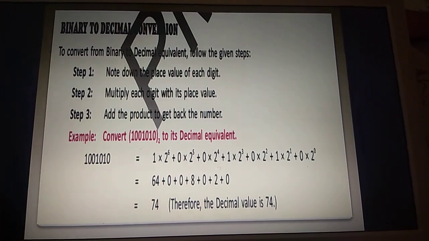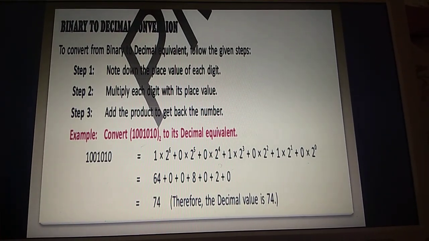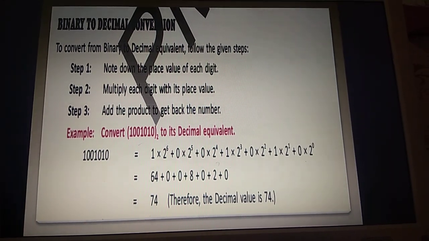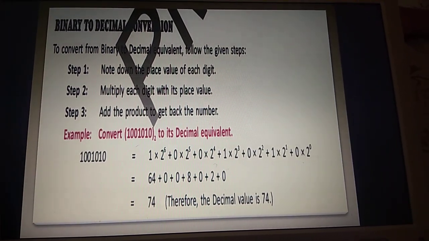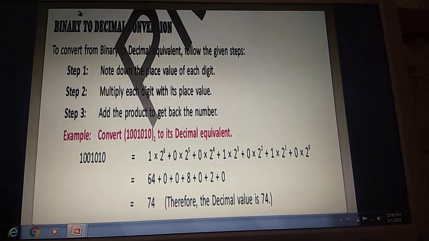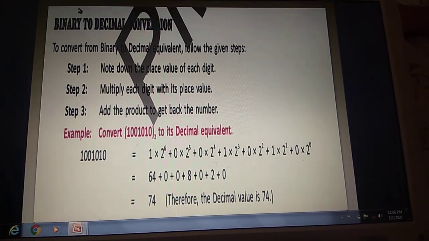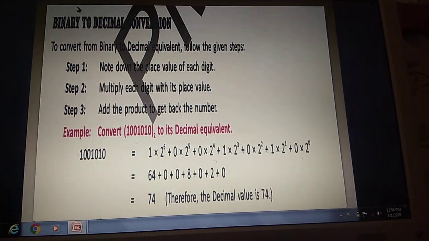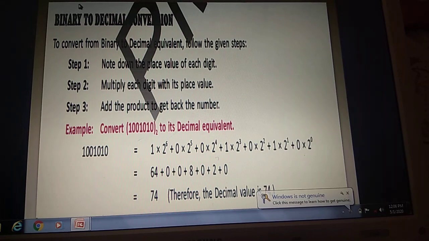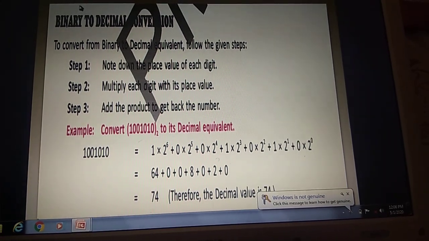Students, now I have told you how to convert a decimal number into a binary number. We can also check it by converting it back into the decimal number system, and for that you have to follow certain rules.